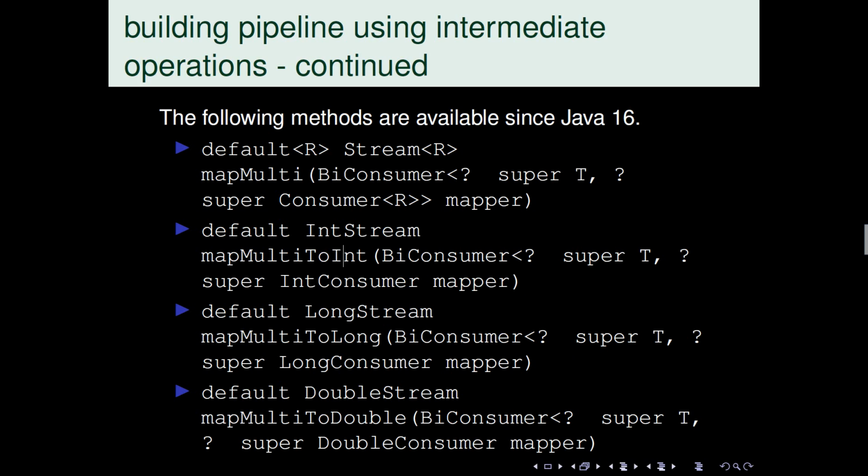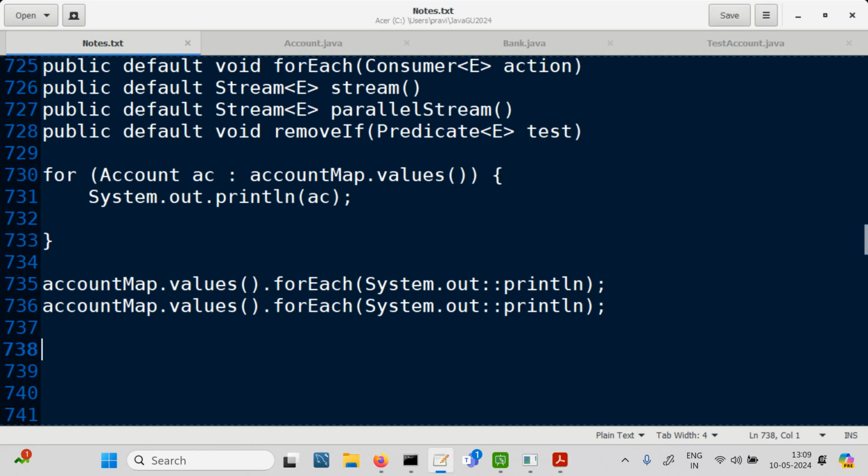Since 16. Map, flat map. Now one of the things to be done in the exercises part, the to do part, is to return a stream of account or stream of transaction in the account class. That's a change, right?